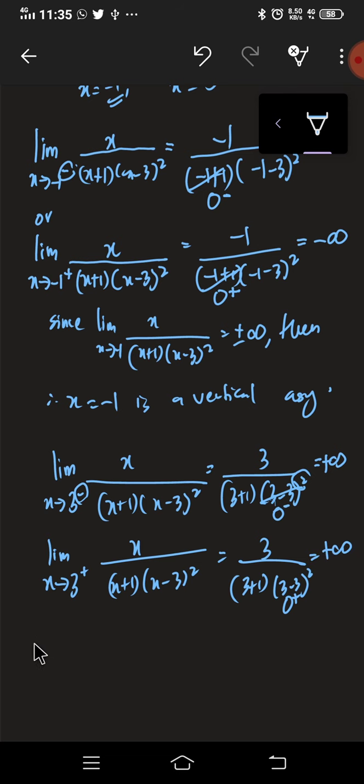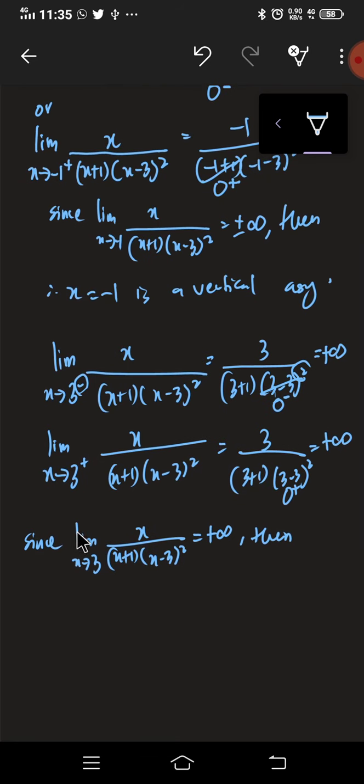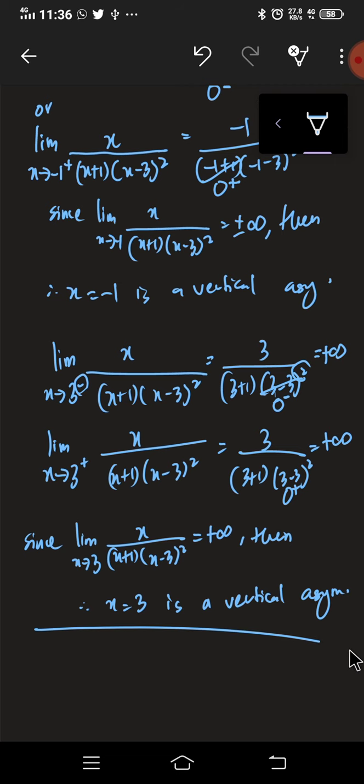Since the limit of x divided by (x + 1)(x - 3)² as x approaches 3 is equal to positive infinity, we can conclude that yes, x = 3 is a vertical asymptote. Okay, so this is for the first part of the question.